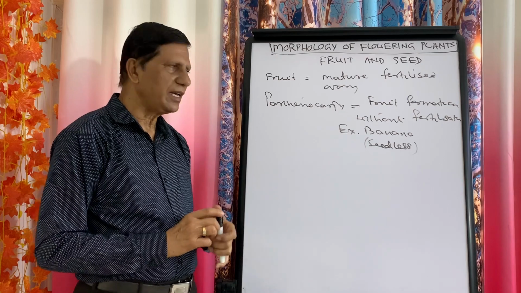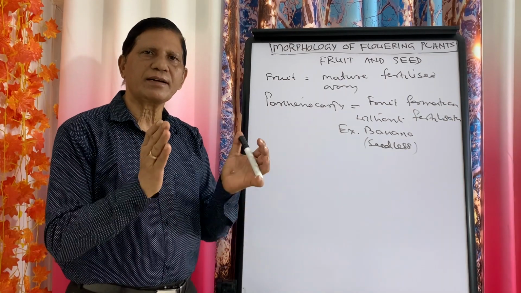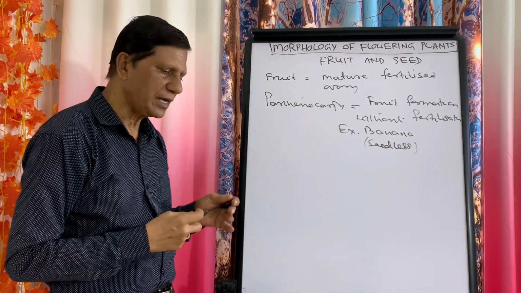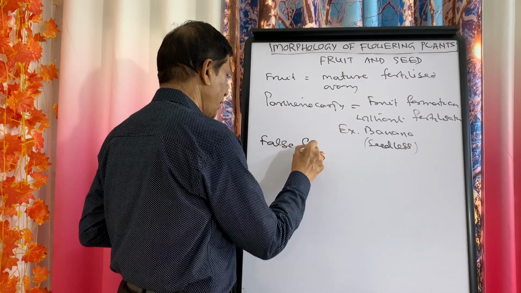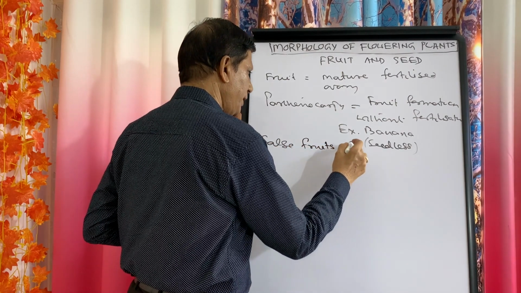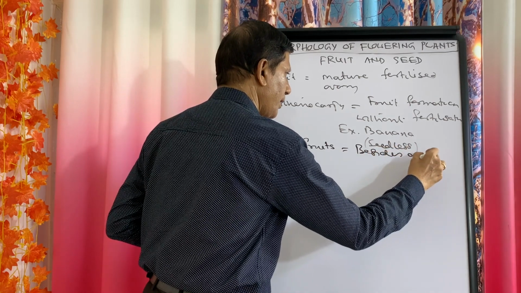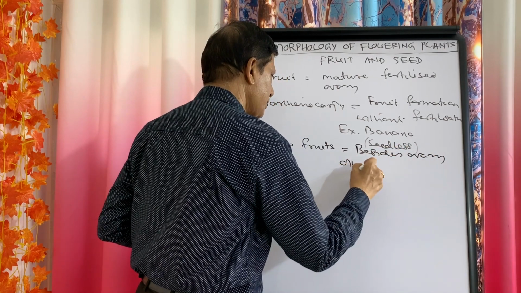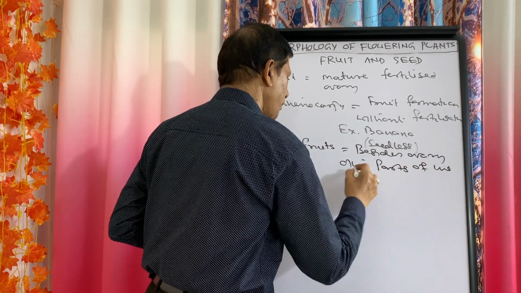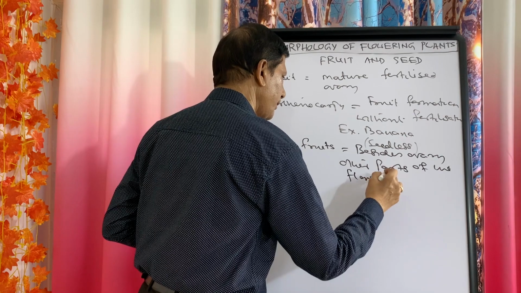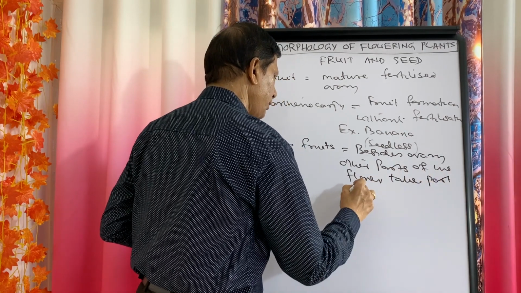But sometimes in addition to the ovary, some other parts also take part in the formation of the fruit. So they are known as false fruits. False fruits means besides the ovary, other parts of the flower take part in fruit formation.